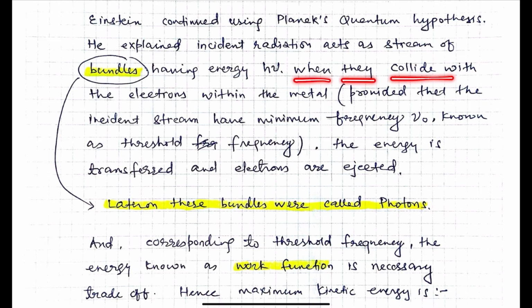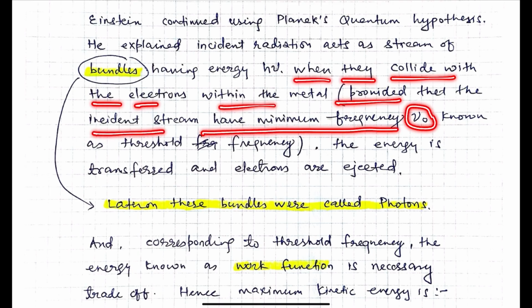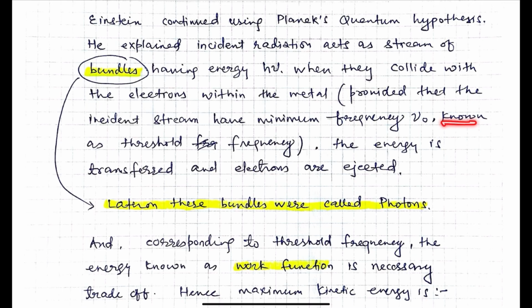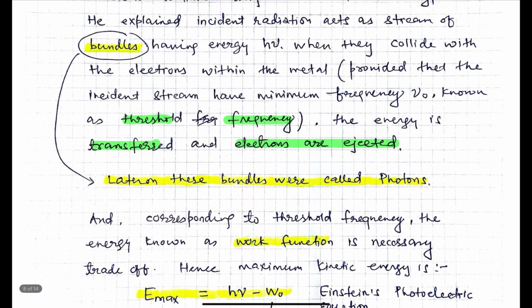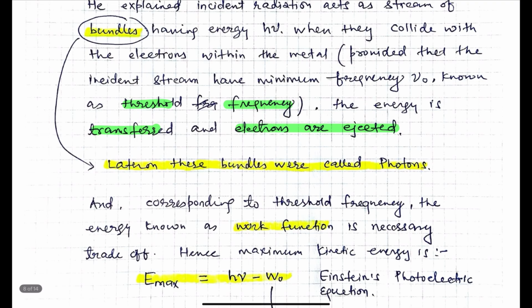When these bundles collide with the electrons within the metal, provided that the incident stream has the minimum frequency nu naught, known as the threshold frequency, the energy is transferred to the electron, and electrons are ejected from the metal and constitute the photoelectric current, which has great application in solar cells.